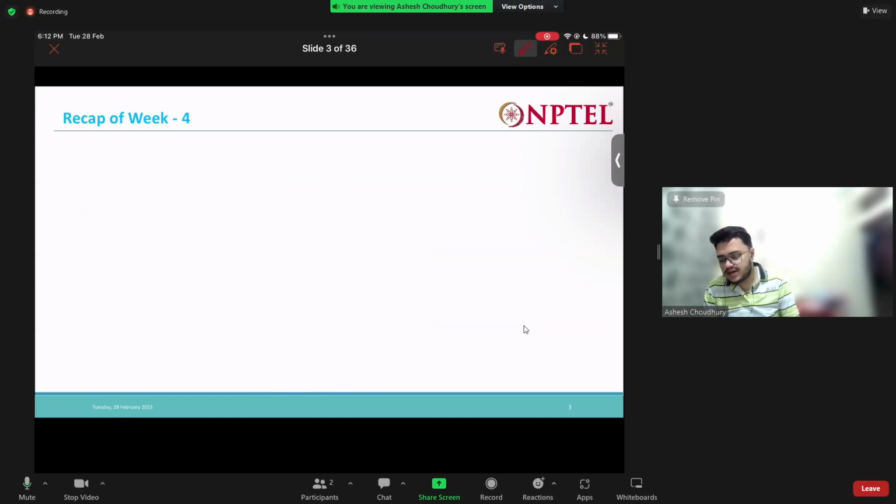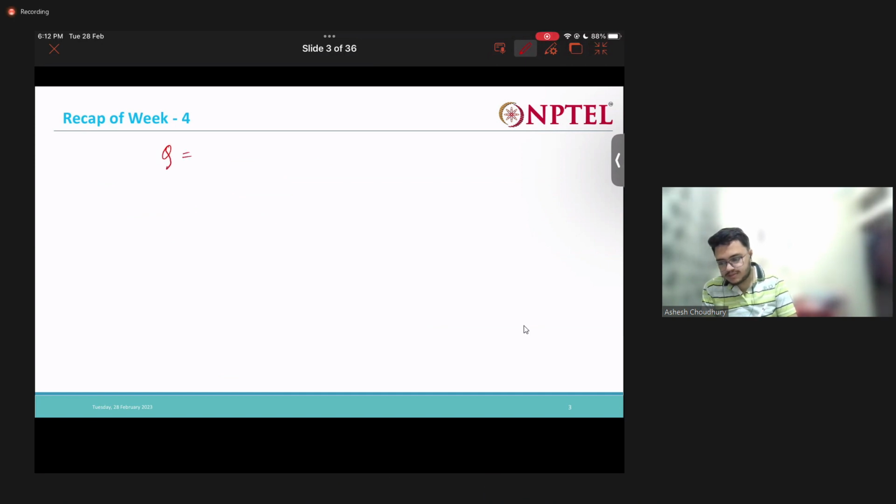So what can we write? This Q volume is nothing but area into the velocity of flow into time. Area into velocity, where small q is the flow, and t is the time. So we can write area into k into i into time.